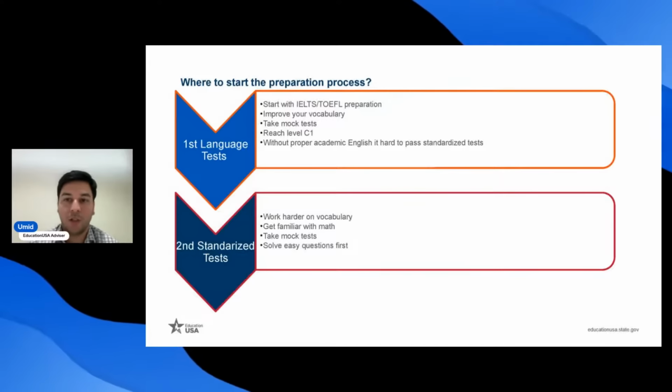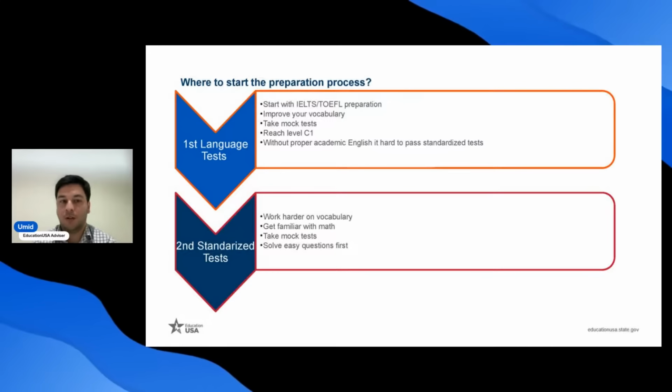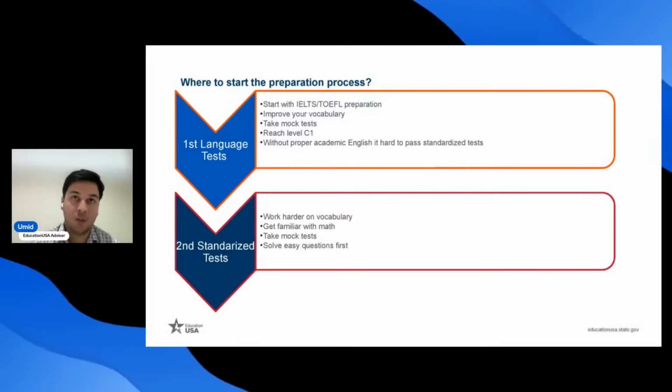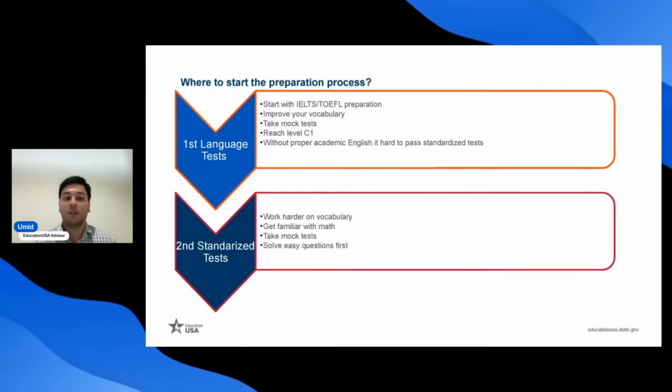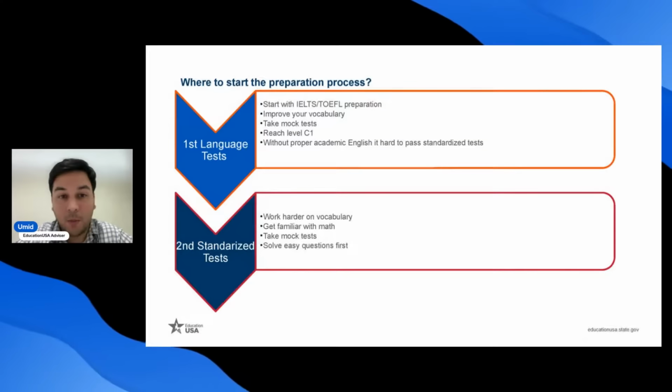But they don't give you the other skills you need to study for standardized tests. They just show you that you are on the same level as US citizens, but they don't show any of your intellectual abilities. They just show that you are able to speak English at a certain level.